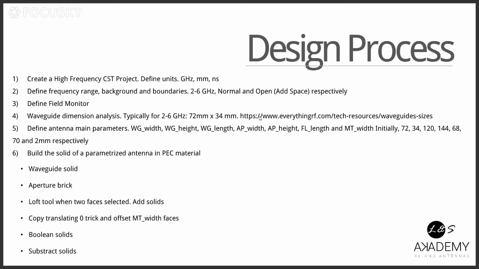Then we built our waveguide solid, everything made in perfect electromagnetic conductor material, and the aperture brick. We copy that solid, then apply some Boolean operations, and subtract the solids in order to obtain the cavity of our horn.